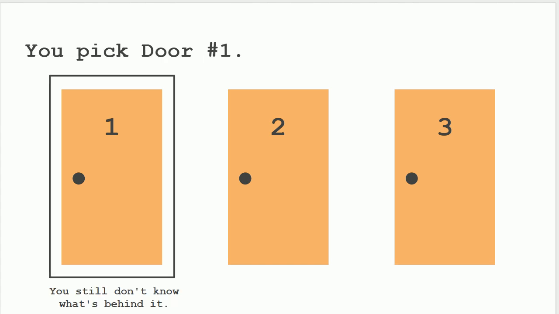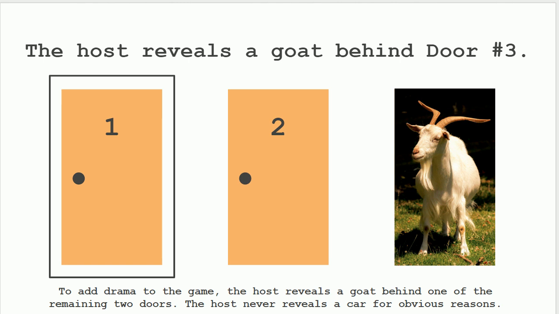Suppose you pick door 1, and at this point you still don't know what's behind it. After you pick door 1, the host reveals a goat behind one of the remaining 2 doors. In this example, he picks door 3, and you see a goat. Part of the rules dictate that the host never reveals a car, because why would he want to help you win a car? That's not in the show's best interest.